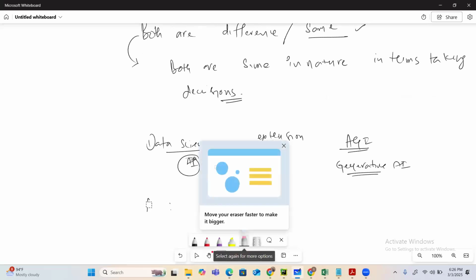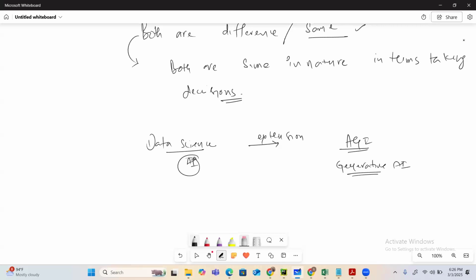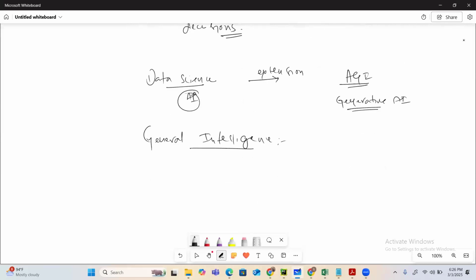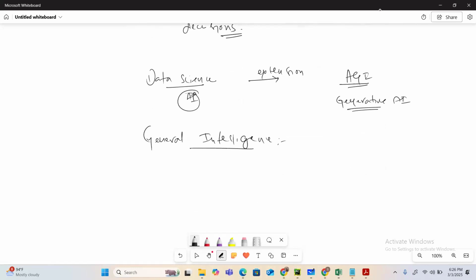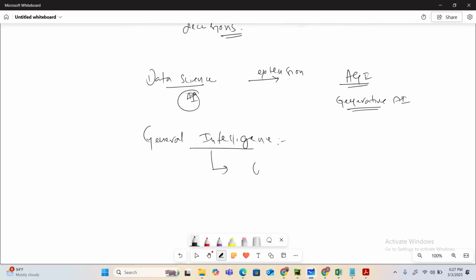Before we go into AI, we need to understand what is general intelligence. Any idea? General intelligence is exhibited by humans.